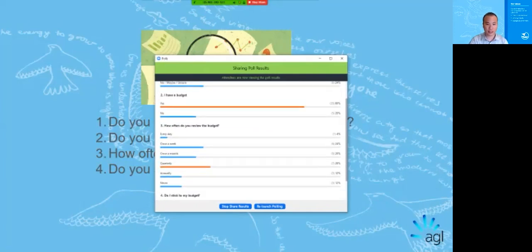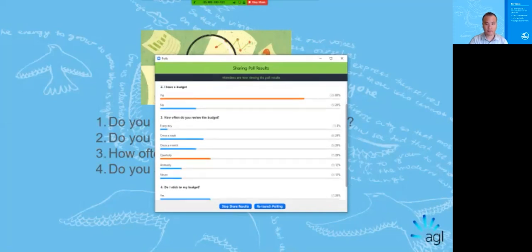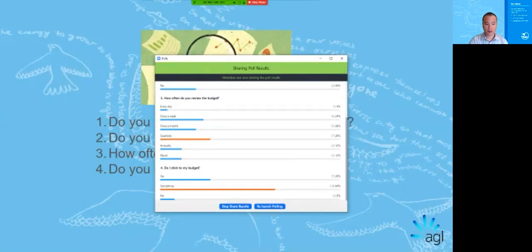It seems to be a quarterly, weekly, or monthly thing for most of us. And do you stick to your budget? Sometimes it's hard to stick to a budget, but that's really promising. That's really good for all of us connected on this webinar, because we do all have an income from our work, and it's important to budget.